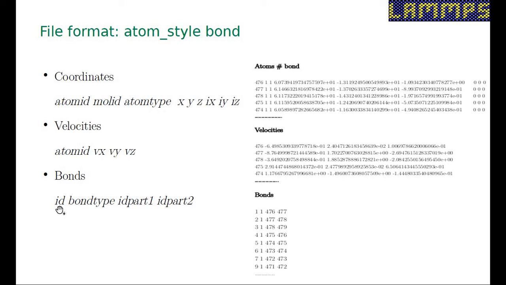So in the first column, we need to have an ID, bond ID, then a bond type, and then the two particles that are linked by a specific spring, just like this. So by using this format, we specified what atoms are linked and what kind of bond we are using.